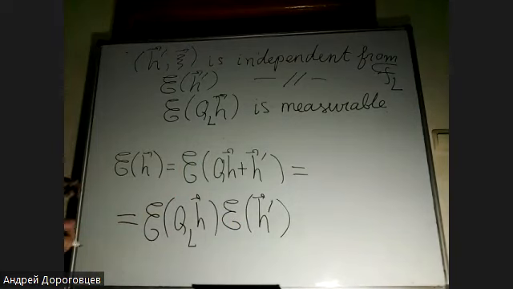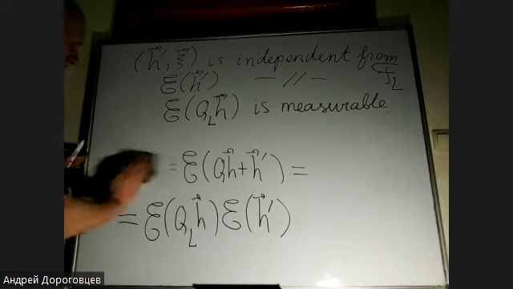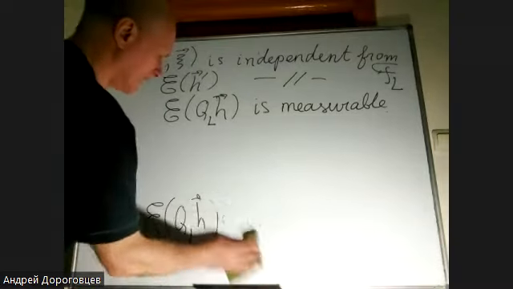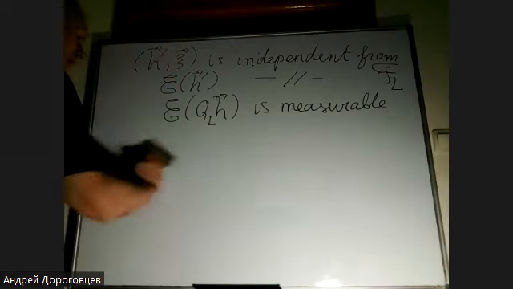Due to this, when I calculate the conditional expectation with respect to F_L, what will I get? I will take one of these exponents out of the expectation and take the expectation of the other.